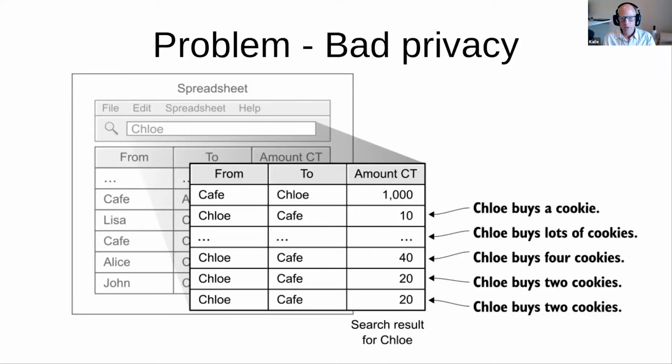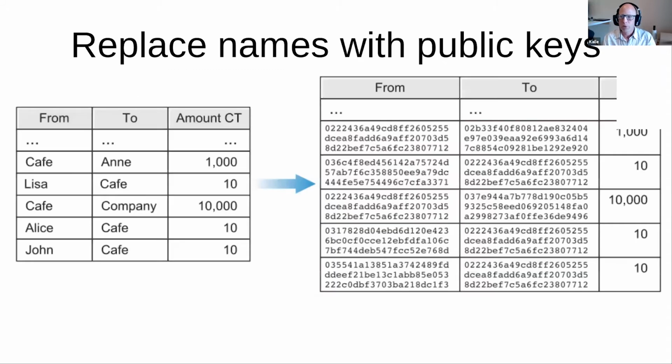So to help privacy, we will replace the names with their corresponding public keys instead. So instead of the cafe's name here, we put the cafe's public key here. And instead of Alice's name here, we will use Alice's public key over here. So this is how we're going to transform this spreadsheet.